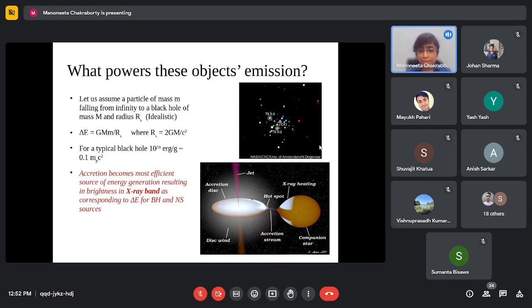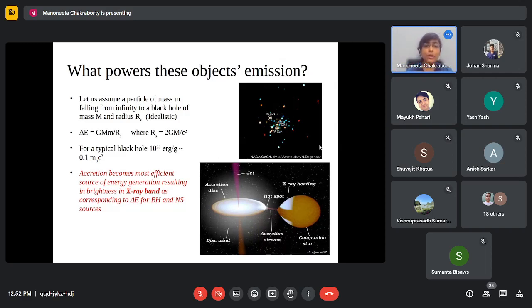And this disk is known as the accretion disk. This accretion disk is very hot. Even the gravitational field in this region is very high, and because this accretion disk is very hot, the frequency of the radiation emitted from this disk is very high, which happens to fall in the X-rays.